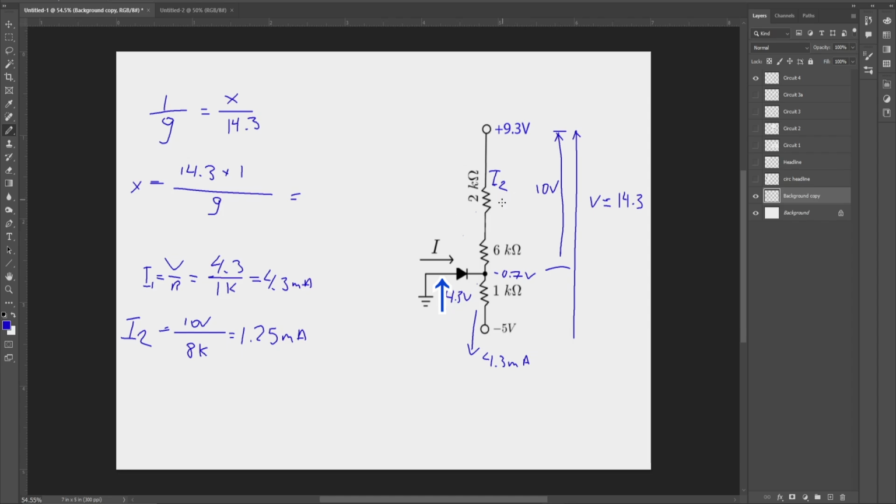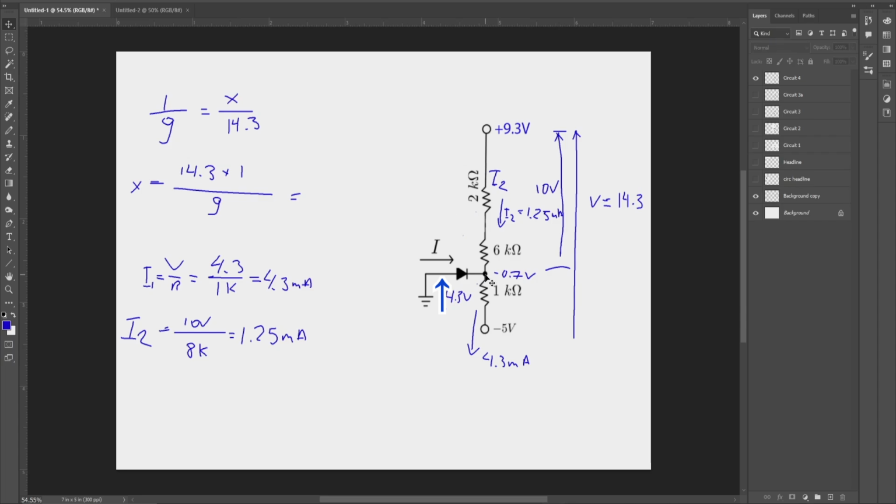So over here, I2 equals 1.25 milliamps. All right. So the current here flows this way, comes into this node.